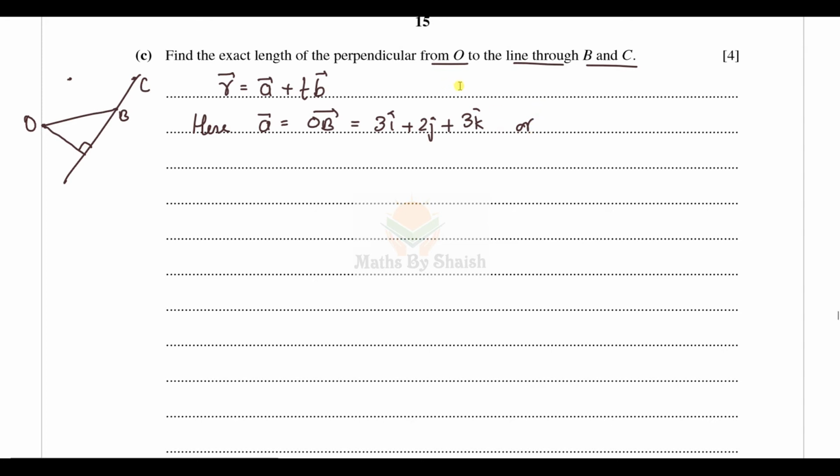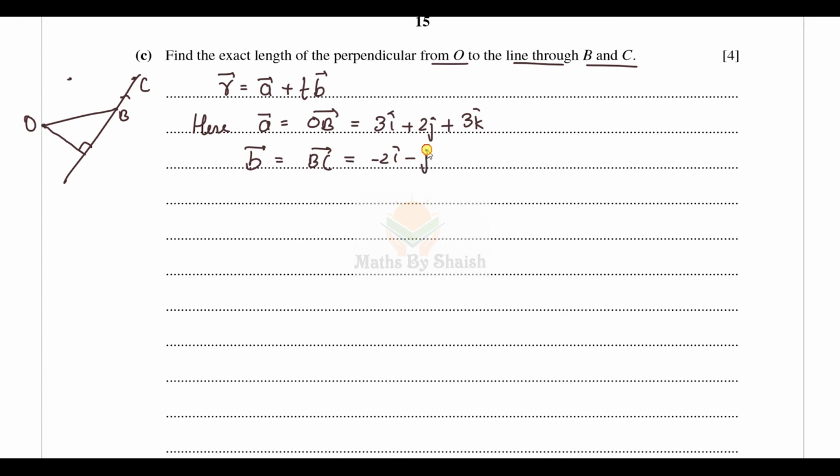And b vector means a vector in this direction, so why do we need to find any other vector? We have the BC vector, so b vector can work as BC vector, and BC vector was minus 2i cap minus j cap minus 2k cap.